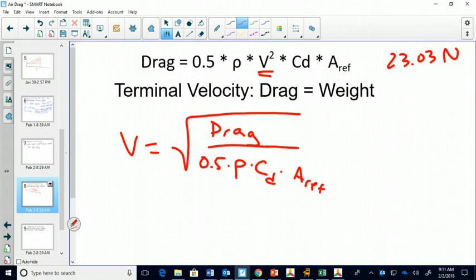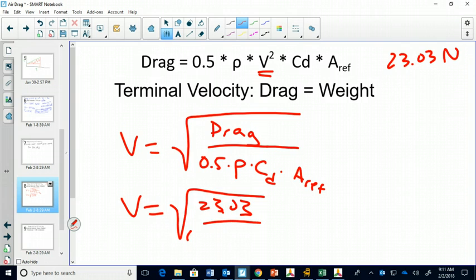We cool? And we can plug in our numbers, right? For our rocket, we said our drag was going to be 23.03. 0.5 times, excuse me, what's my rho? We'll take that same that we've been using. What's my coefficient of drag? 0.75.